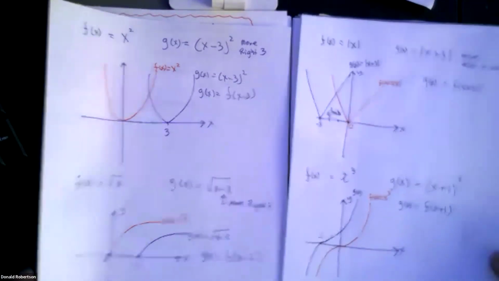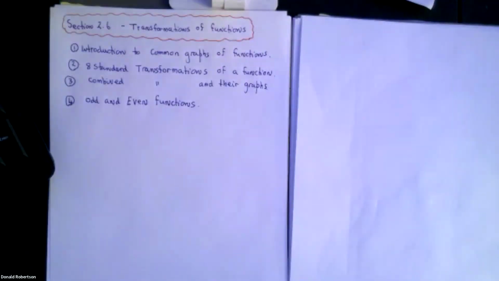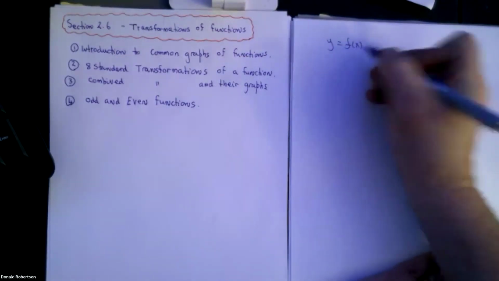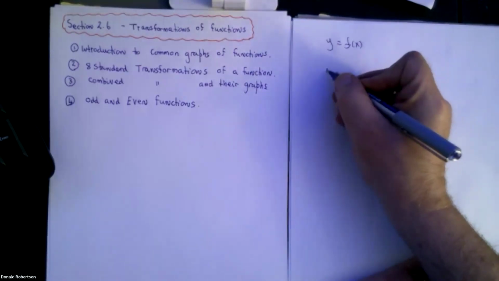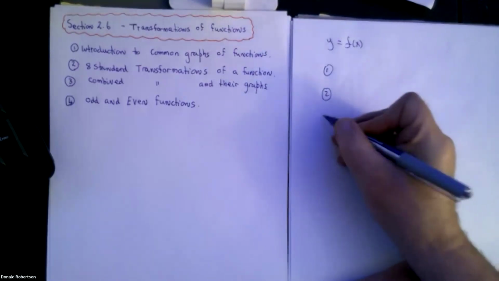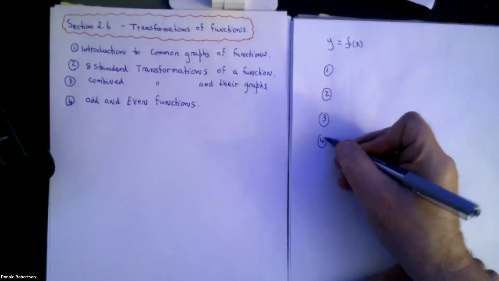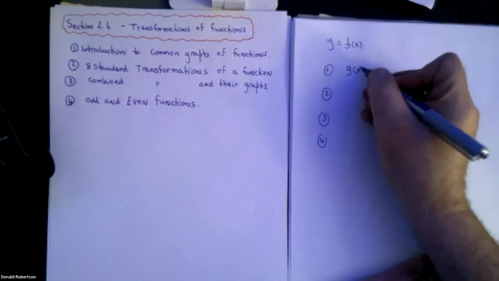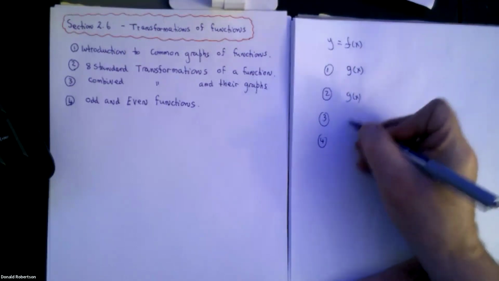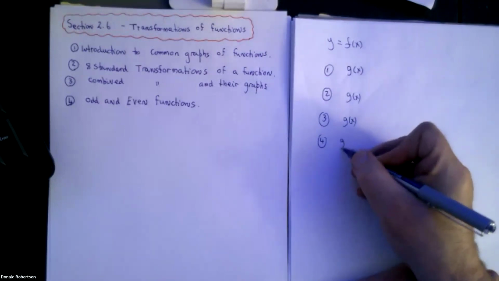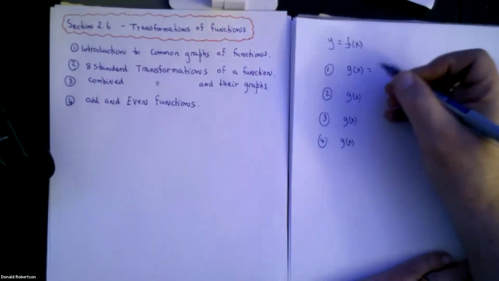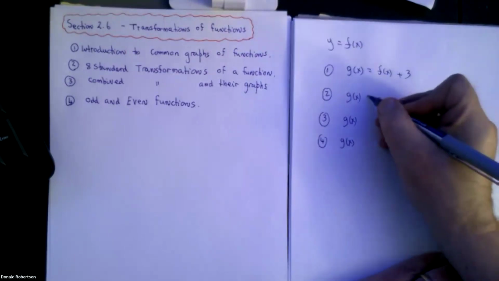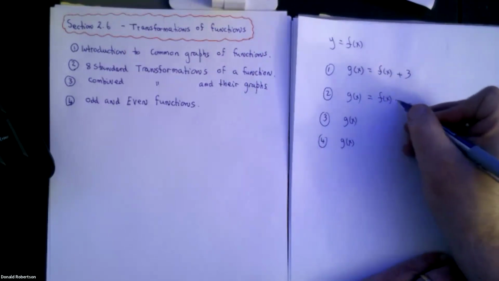So if someone just gave me a generic formula and said, look, I have a function y equals f of x, and these are the transformations. I'll call them 1, 2, 3, and 4. We'll call the function g of x each time. If this new transformed function g of x, it might be that one. It could be that one.